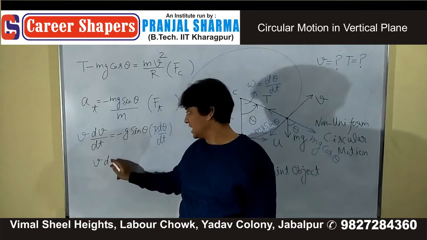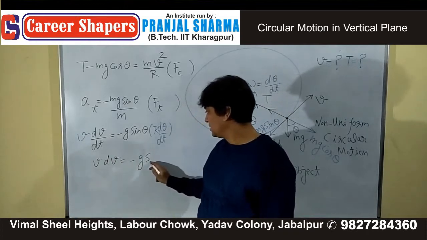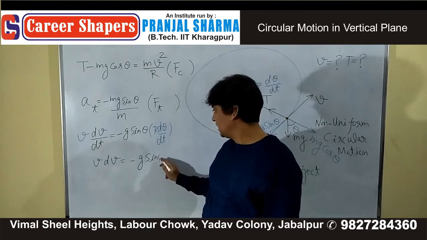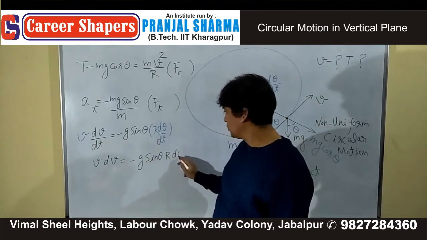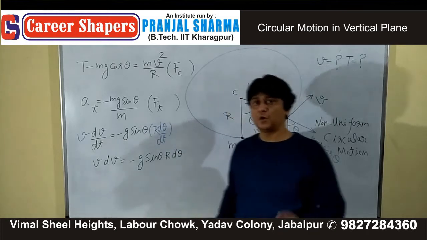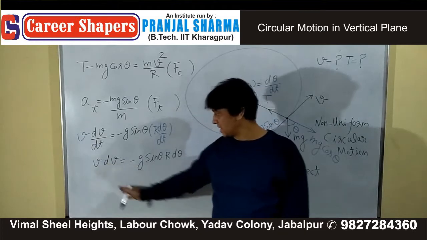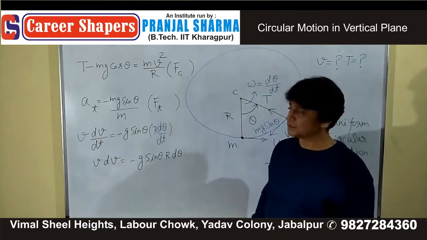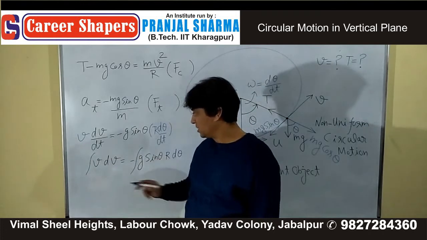V dv is minus of g sine theta multiplied by r into d theta. And there are only two variables present, v on the left side and theta on the right side. You can easily integrate this part.